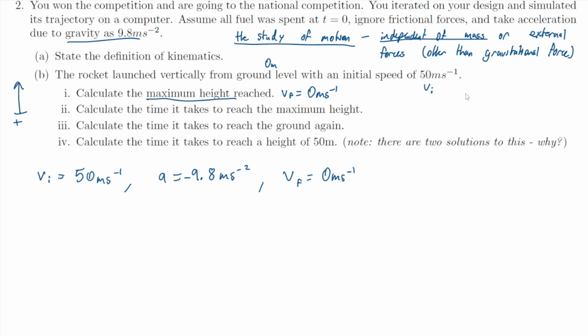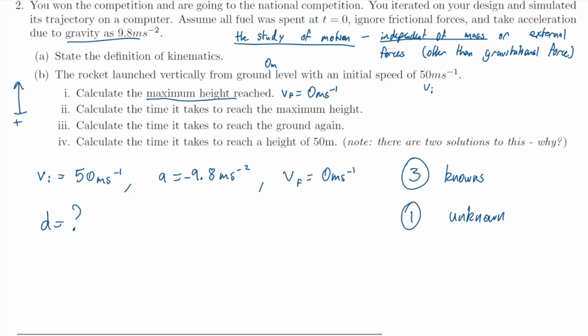So, the aim of the game for a kinematics problem like this is to find 3 known parameters, our 3 knowns, and then we're looking for our one unknown. So we've identified initial and final velocity and acceleration, and we're solving for distance, displacement.